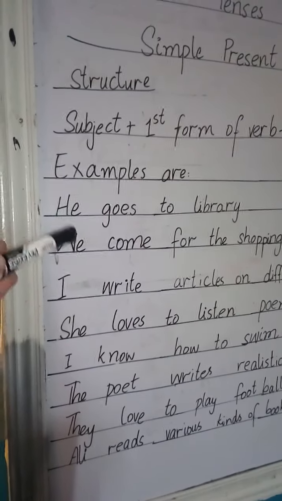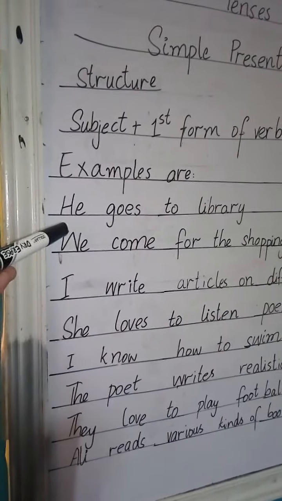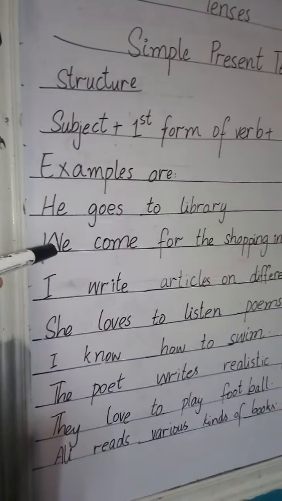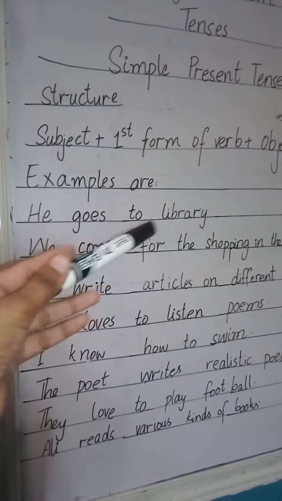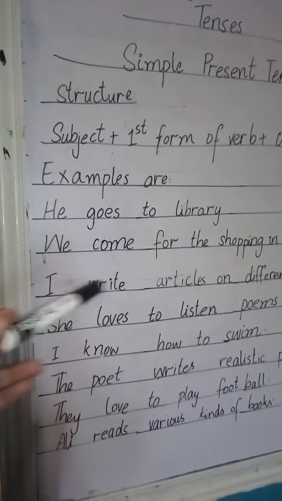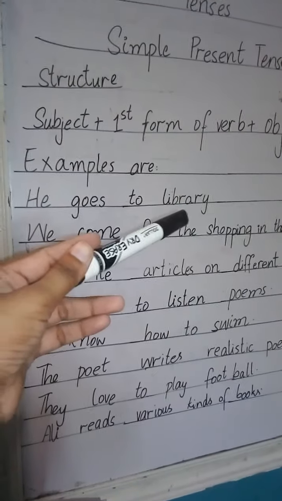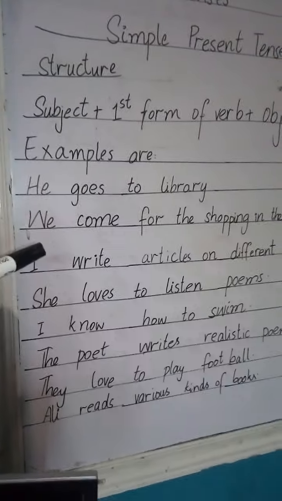Okay, so here we have some examples. First one is: He goes to library. He is the subject, a person; goes is the first form of verb, and we add es here; to library. Library is the object, because this is the place on which the action happens. The next example is: We come for shopping in the market.